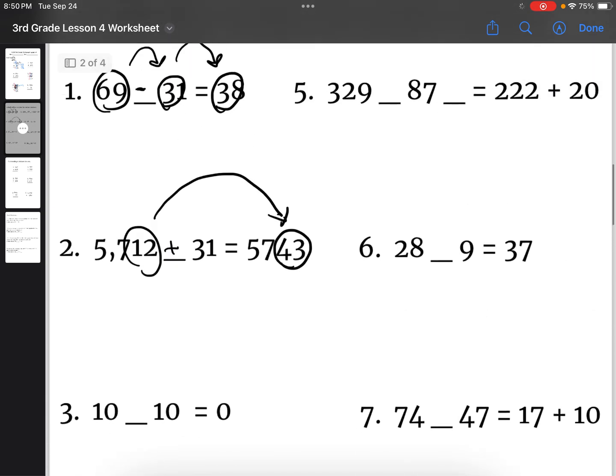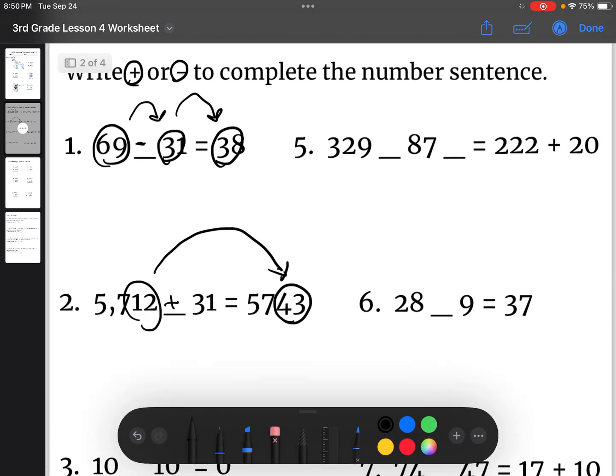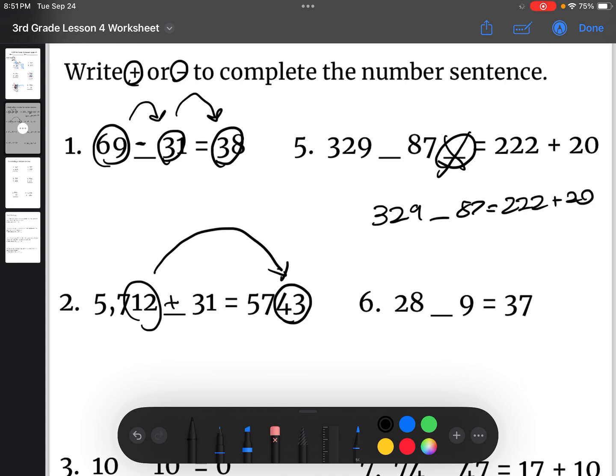But a tricky one that I found was actually number 5. So what do you really do in this situation? Well, I don't really know what this is because it doesn't make sense, so I'm going to assume that's a typo, but it's 329 blank 87 equals 222 plus 20.